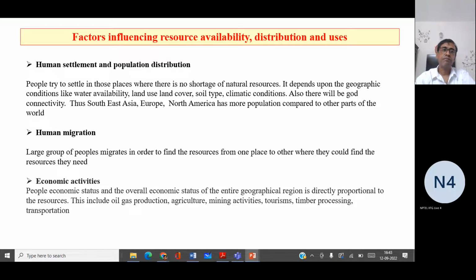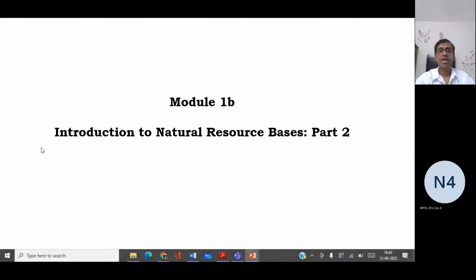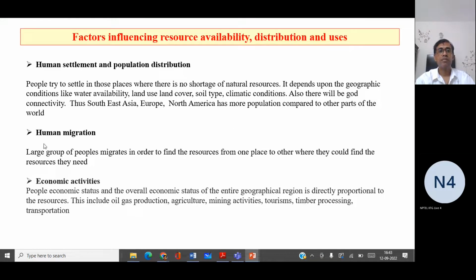So here, if you recall, we talked about human settlement and population, then human migration, economic activities. So these are all important issues when the aspect of natural resource management comes into the picture. Human migration especially is a very important issue these days.